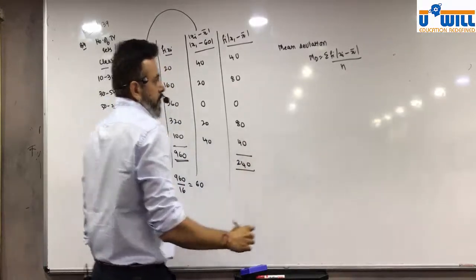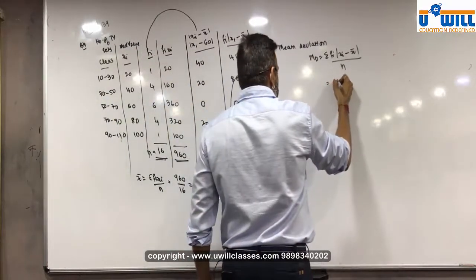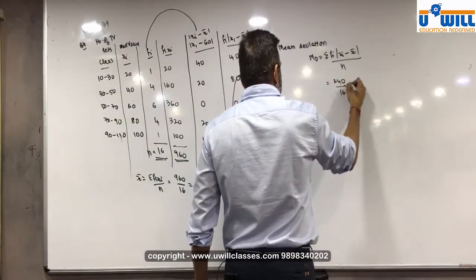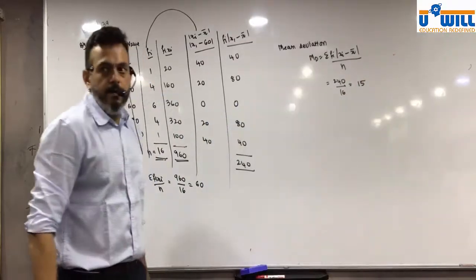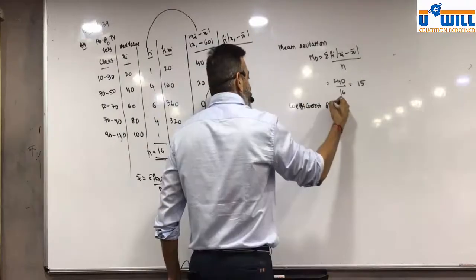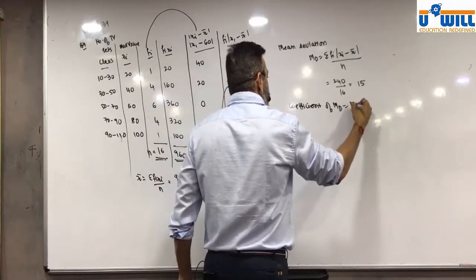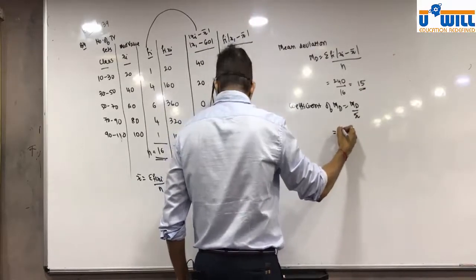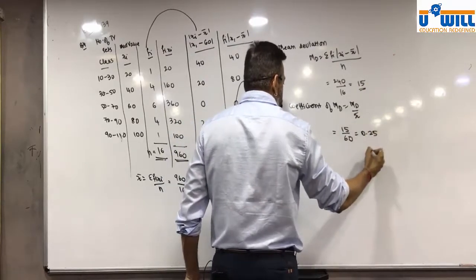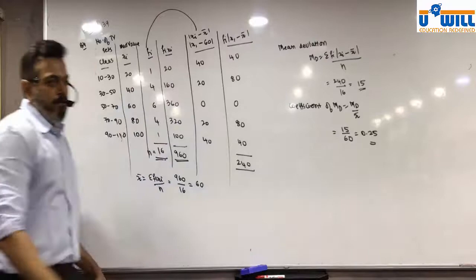Total 240. So mean deviation is equal to 240 upon 16, 15. Now coefficient of mean deviation is equal to mean deviation upon mean, which is 15 upon 60, equal to 0.25.